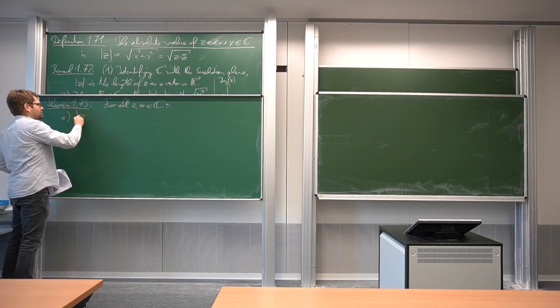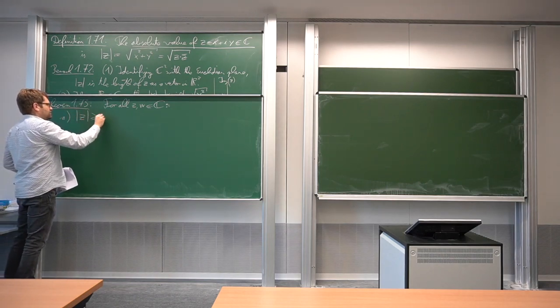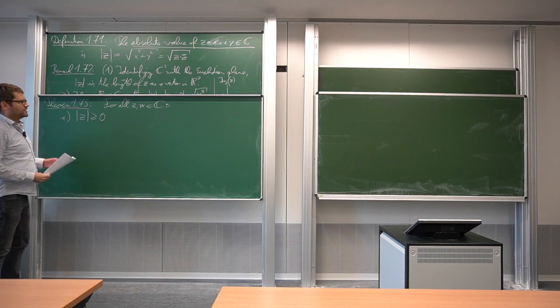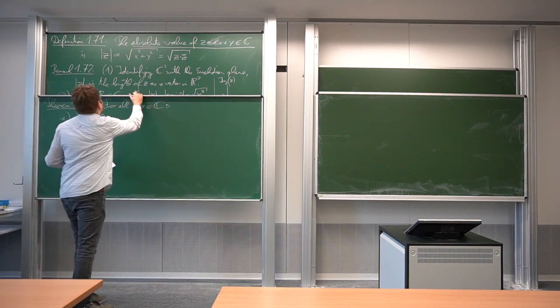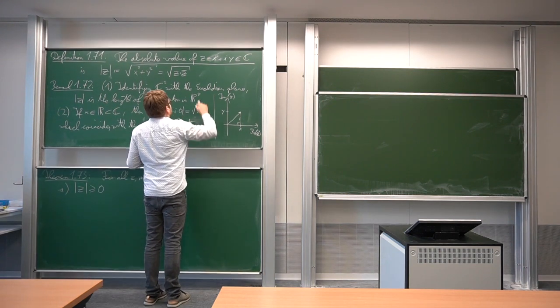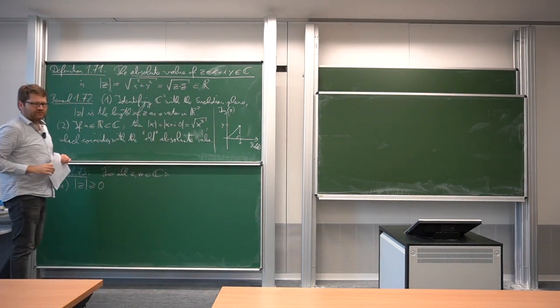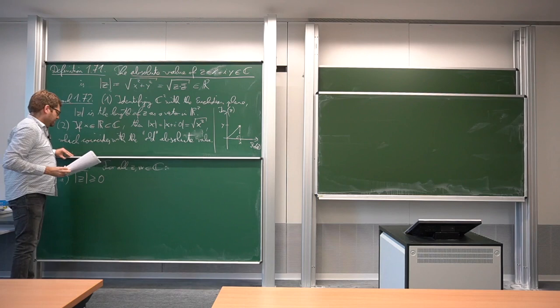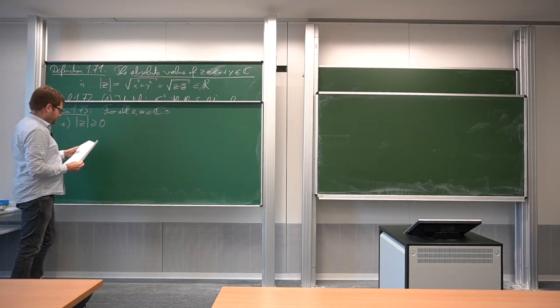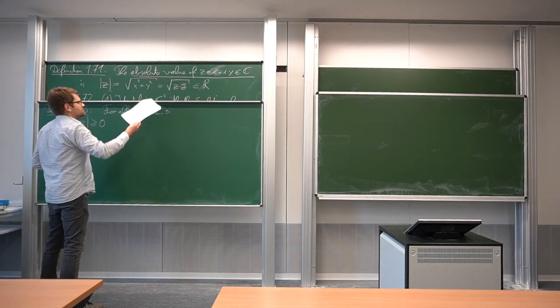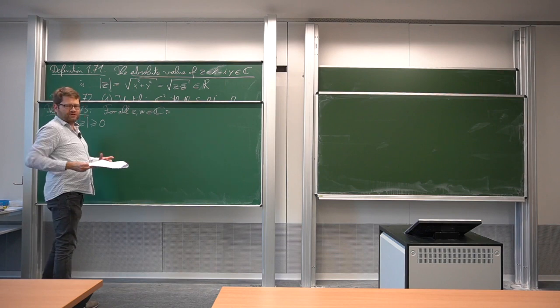A, first of all, the absolute value of z is always non-negative. So the absolute value is now a real number. So this is really an element of R now. The absolute value of a number is always an element of R. It is always non-negative, and this is clear since it's defined as a square root, and square roots are always non-negative.